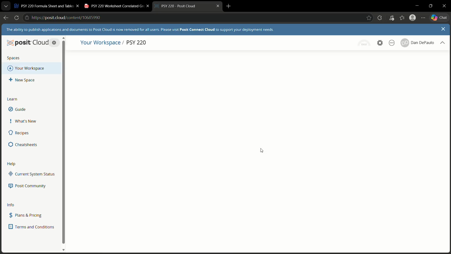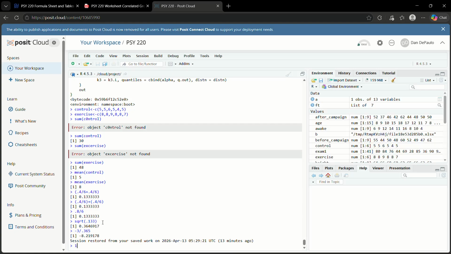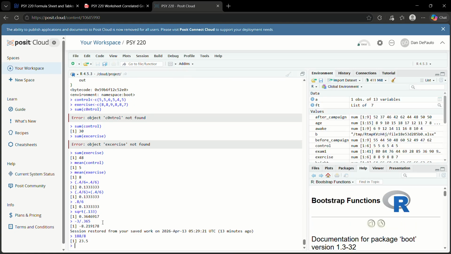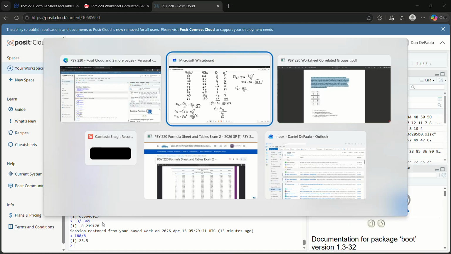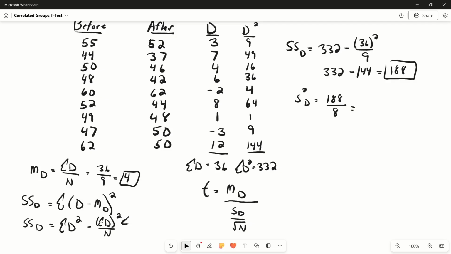So we're just waiting for this to load. This is what I use as my default calculator. Let's do 188 divided by 8. We get 23.5. So let's go back here.